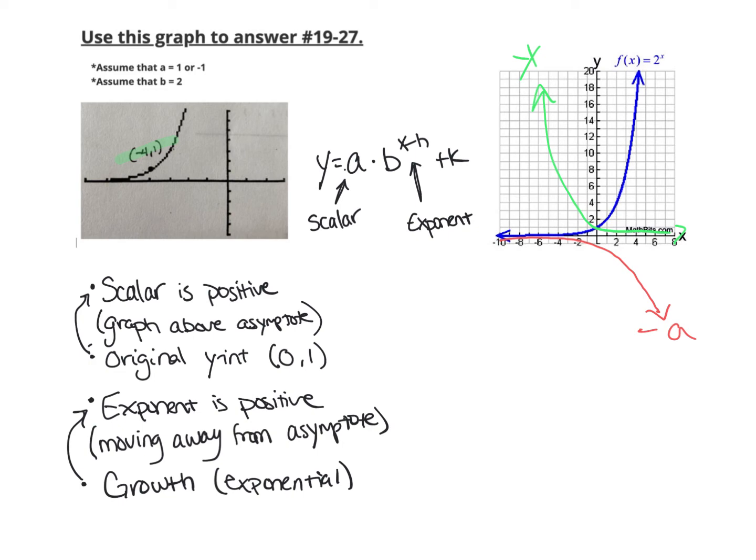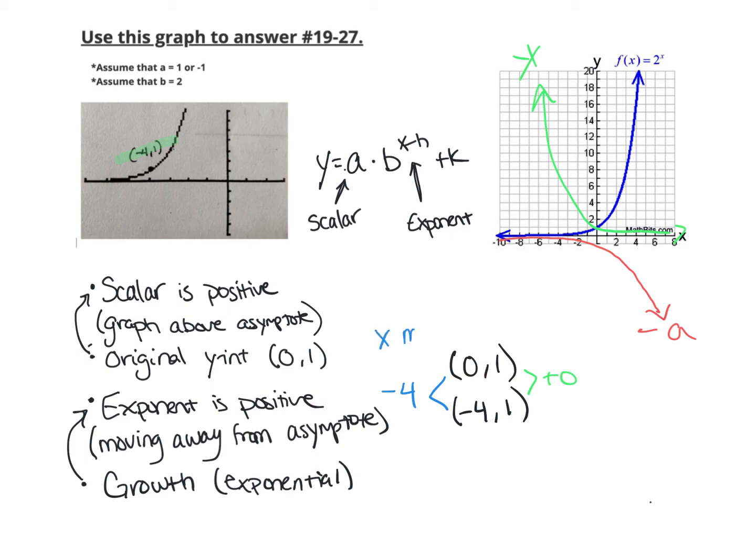So if I compare the 2 points, 0, 1, so that's my original y-intercept, and -4, 1, my checkpoint prime, I can see that with my y values, 1 to 1, nothing happened. The y value didn't move. But with my x values from 0 to -4, we moved 4 in the negative direction, or for x values, that means you moved left.